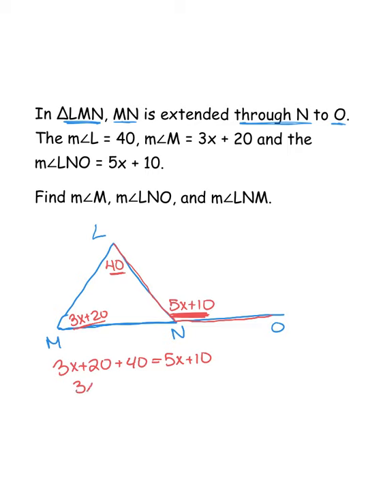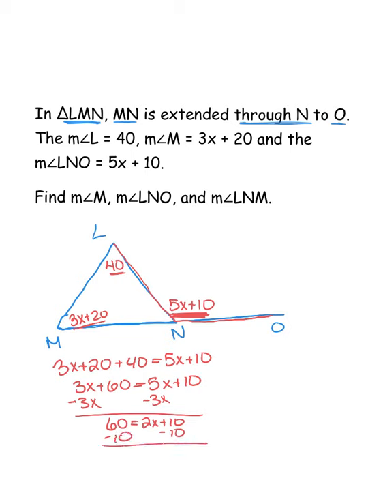If I combine like terms, I get 3x plus 60 equals 5x plus 10. If I solve, I get x equals 25.